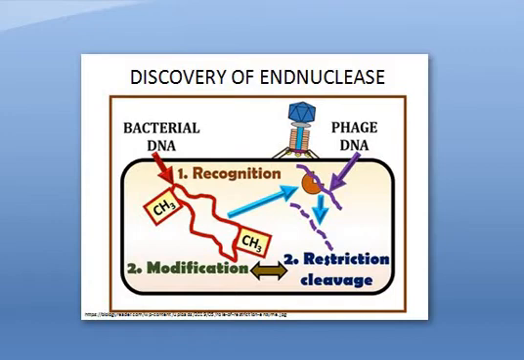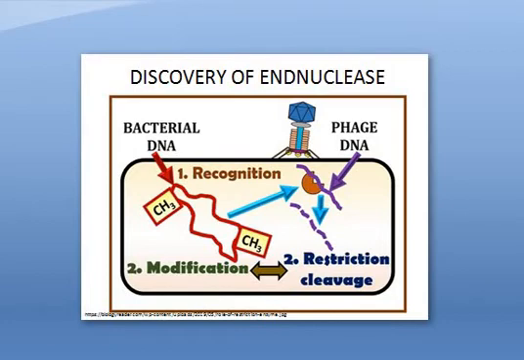If that viral DNA replicates, it will assemble into new viruses, thereby killing the bacteria, either in the same generation or in another generation. What happens is the bacteria can synthesize an enzyme which cleaves DNA, which cleaves nucleic acid. That's why it is called nucleases.